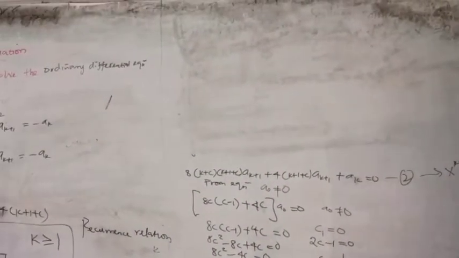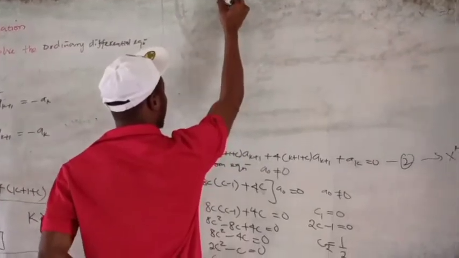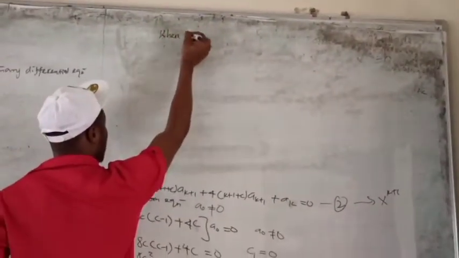Okay, let's solve for when c is equal to 0. So wherever I see c, I impute 0.